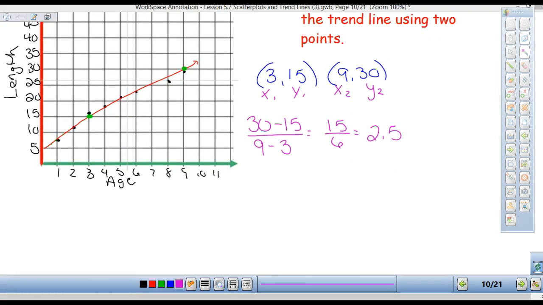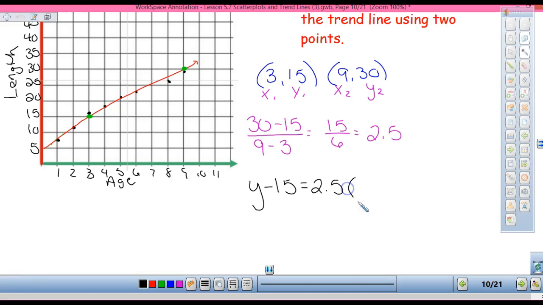All right, so we're writing this equation. So we've got y minus, what's my y1? 15 equals m, which is? Yep, exactly.